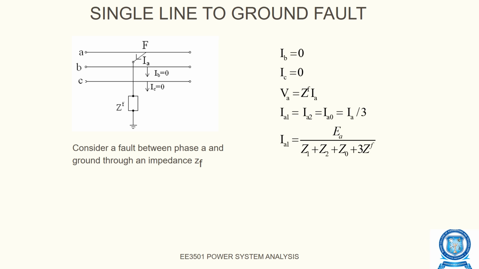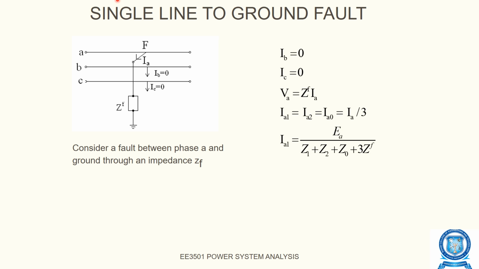Now let us discuss single line to ground fault. Here you can see the diagram which represents a single line to ground fault. You have three phases, A, B, and C, and the fault occurred at phase A, represented here by F. The currents flowing are IA, IB, IC, and we know that IB and IC are zero.